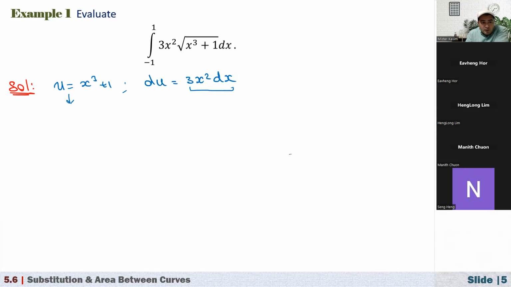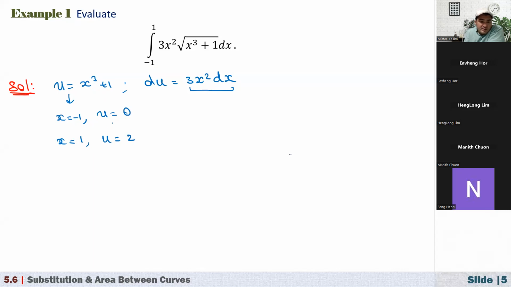When x is equal to -1, what is u? u is equal to -1 cubed plus 1, which is 0. When x is equal to 1, what is u? u is equal to 1 cubed plus 1, which is 2. In the definition of the theorem, we say that they are continuous.